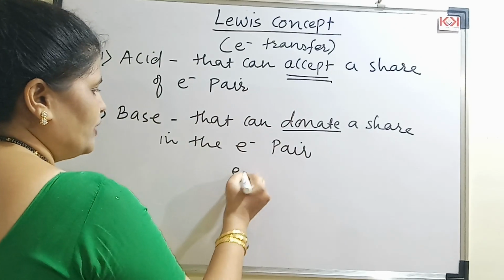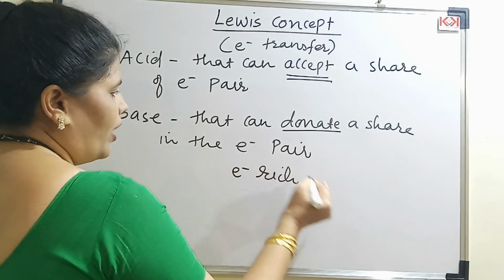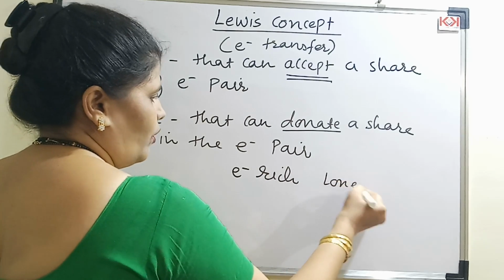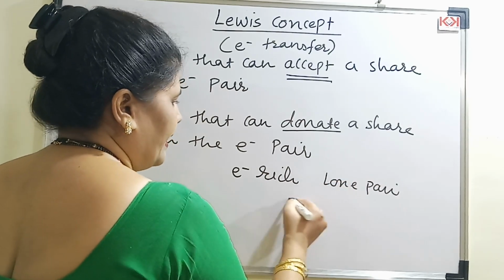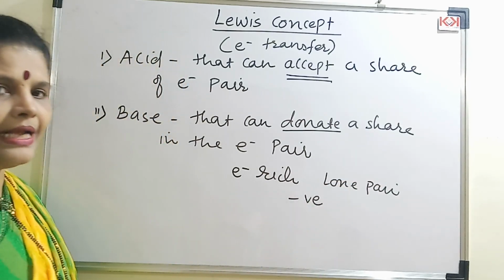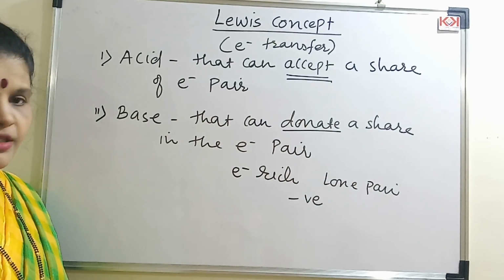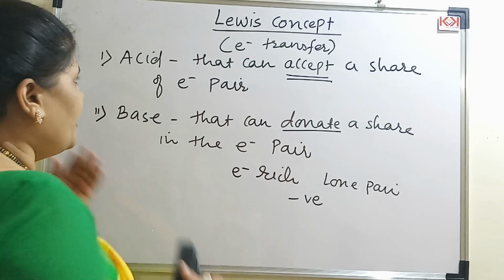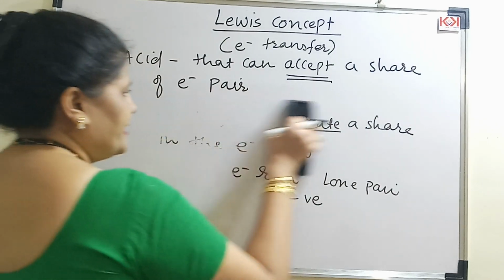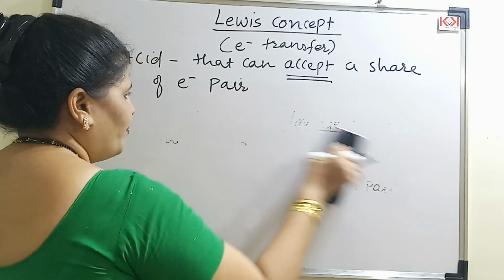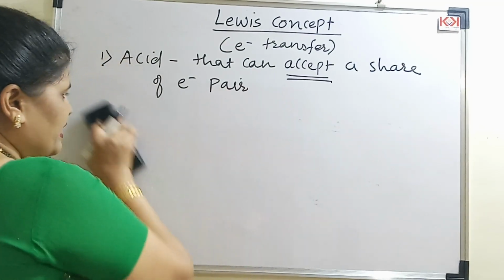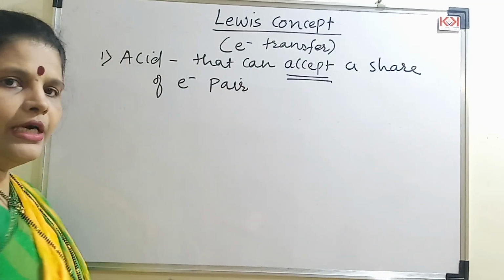Only the species which are electron rich, having a lone pair or a negative charge on them, can donate this electron pair. When I say Lewis concept, we have examples with acids as well as bases which are bonded to each other by means of a coordinate bond or a dative bond.